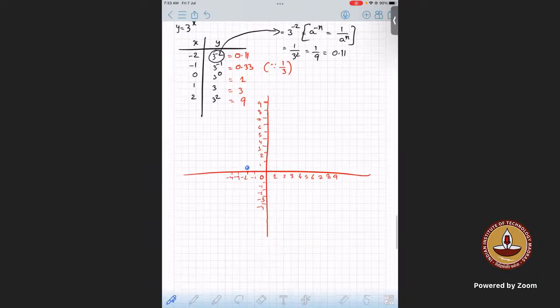At -1, it is 0.33, somewhere increasing, greater than this. At 0 it is 1, at 1 it is 3, and at 2 it is 9.